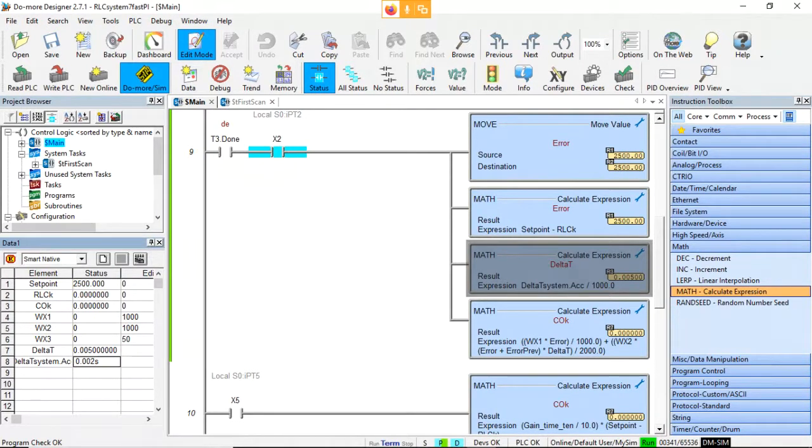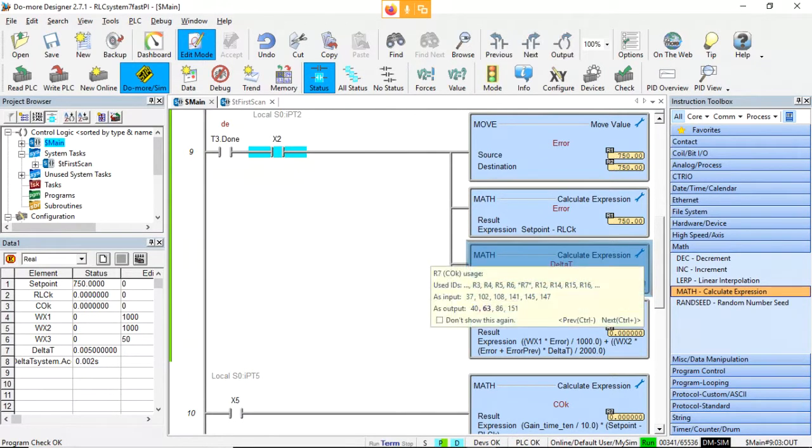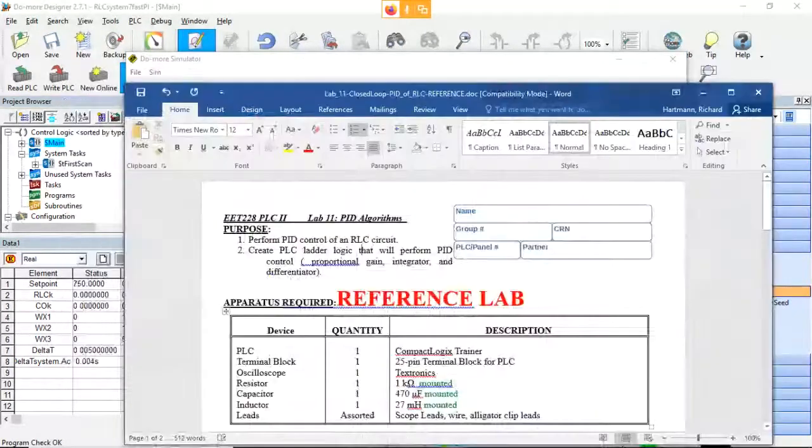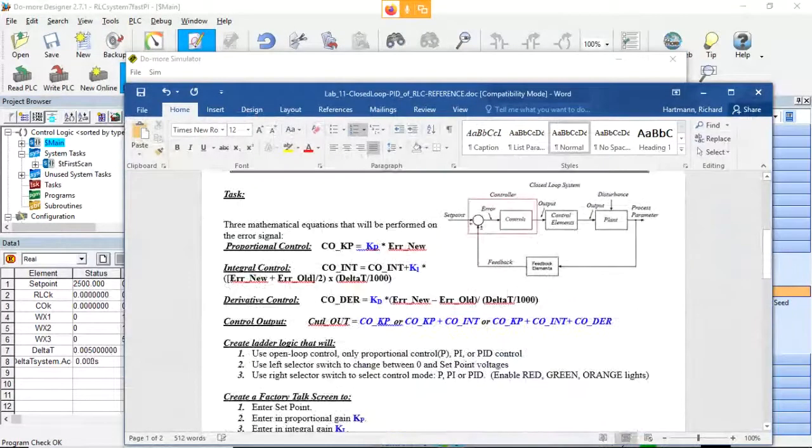Okay. So 0.005, that is the correct delta t. Okay, and that's what this one over here is doing, is that piece. So you may have to create a few more compute statements to calculate this. All right, but I give you all the equations here.